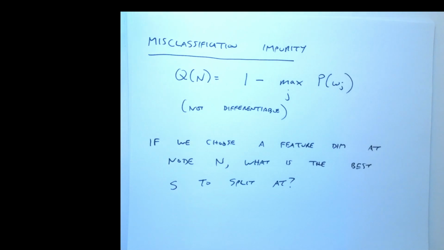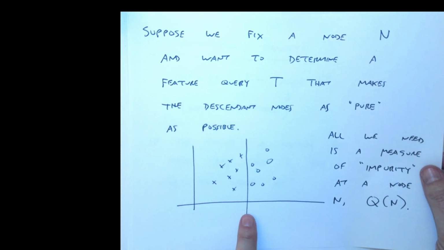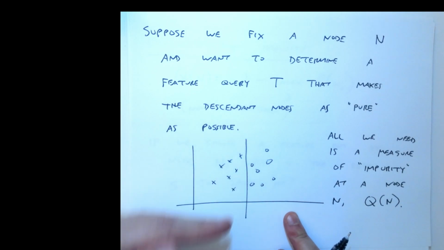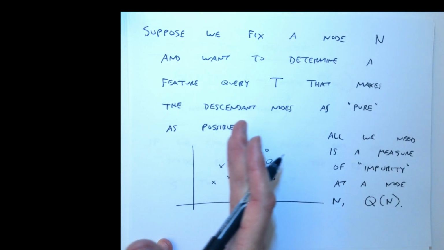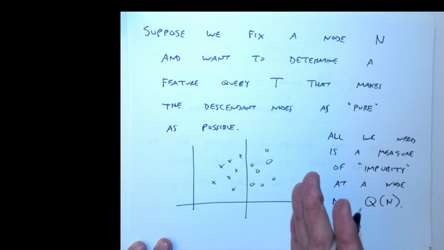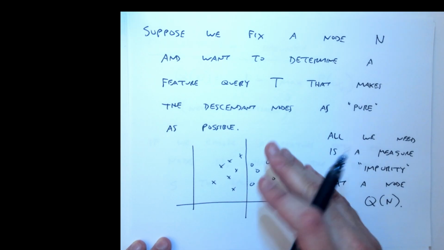So it's like saying, if I go back to this very simple picture, I've chosen, okay, I'm going to split along the x-axis because clearly it seems better than splitting along the y-axis. Now I'm choosing where do I draw this line. Obviously I want to draw it in the place that has the best impurity, right? I don't want to draw it over here because that doesn't do anything for me.